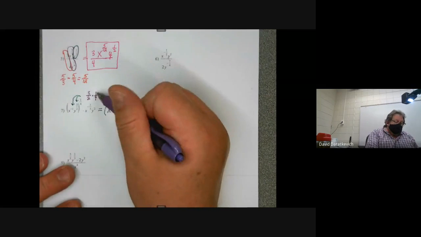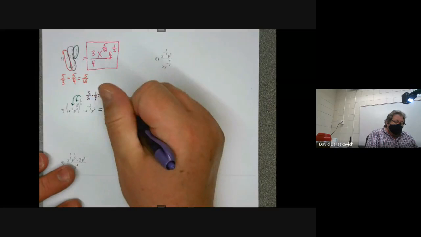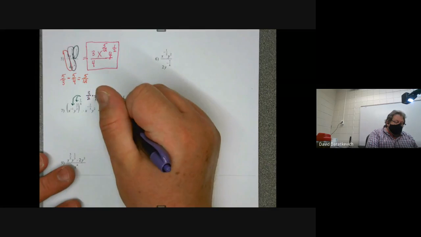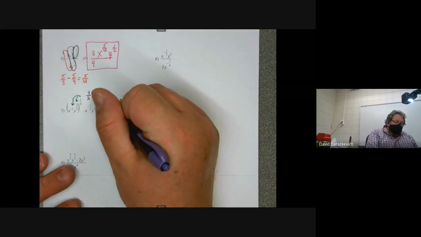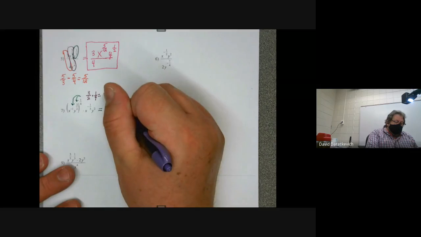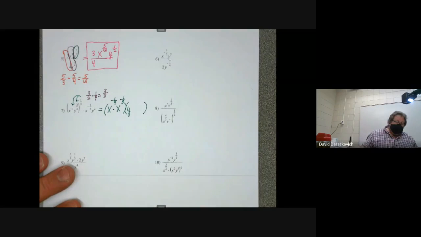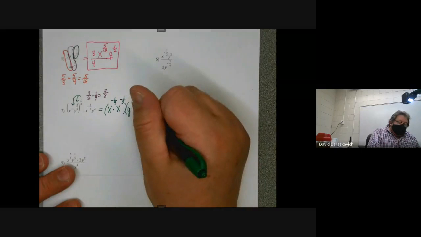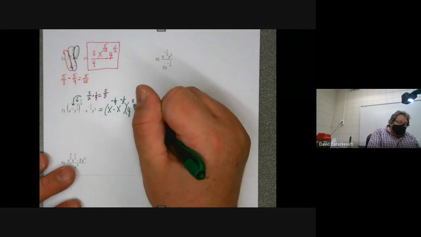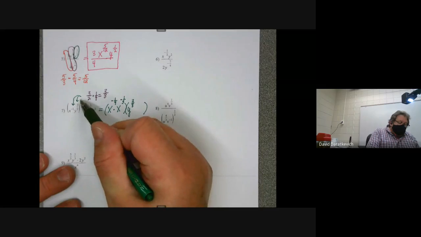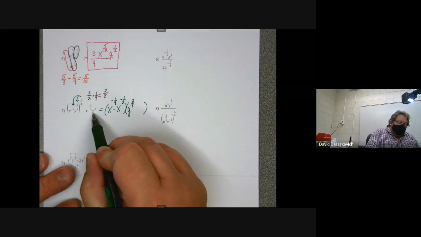Okay. Here, there's nothing to cancel out. There's no common factors top bottom. So I just take the 3 times 1, 3, 2 times 4 is 8. So this is going to be y to the 3/8. Okay, that's this y. Now I've got this y to put in there.